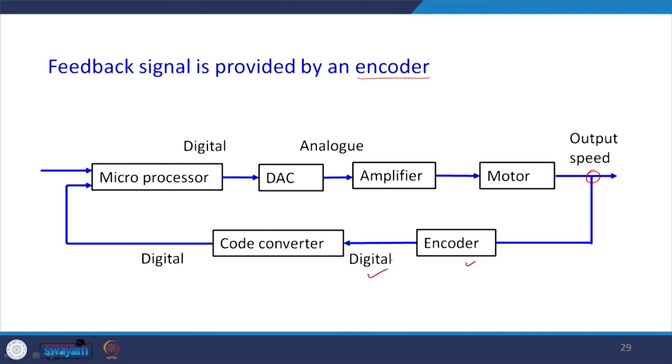And as I talked to you about the encoder, we need to have a code converter over here to convert the encoder codes, and this converted digital signal will be sent to the microprocessor. And then again the rest of the things are the same, that is we have the digital to analog converter, amplifier, and then this signal is given to the motor, and this drives your circuit.